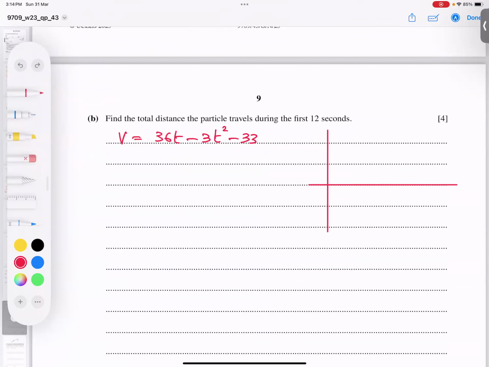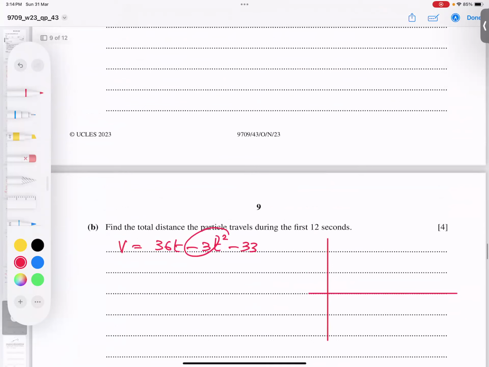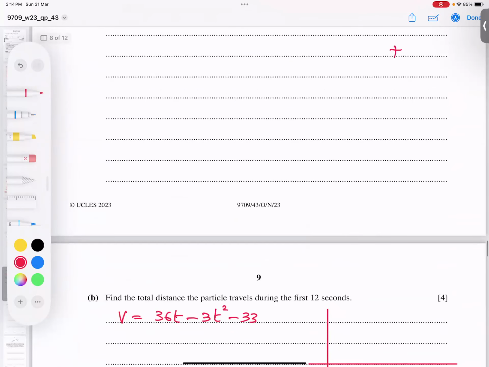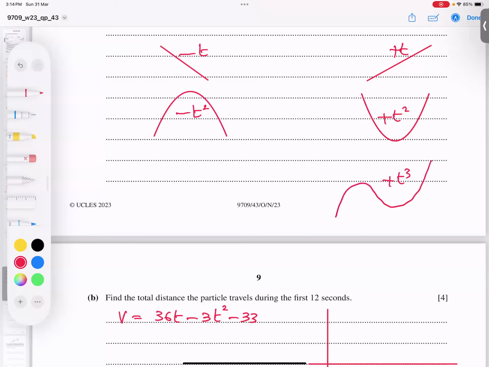I discussed many times, a few graphs, and I'll just revise quickly. If plus t, we get this kind of line. If negative t, we get this kind of line. If we have a positive t squared, we have this kind of parabolic curve. If negative t squared comes, we get this kind of parabolic curve. If plus t cubed comes, we get this kind of two turning points. If we have a negative t cubed, this will flip, I mean reflect in the y-axis.